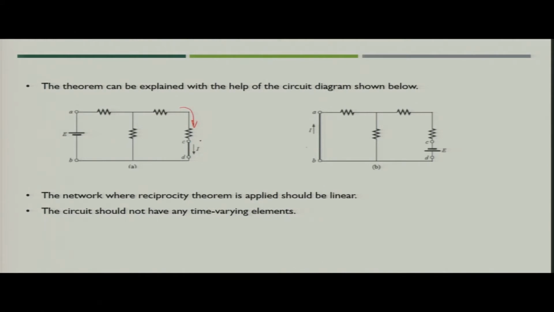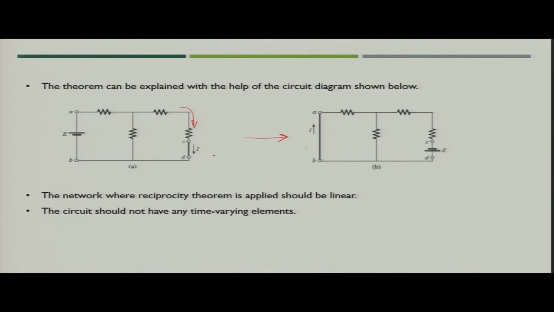Suppose this current is I. What the reciprocity theorem says is that if you exchange the locations of this current and the voltage source E, then the other values are not going to change in the circuit.